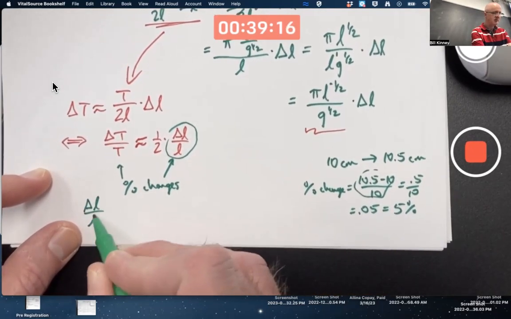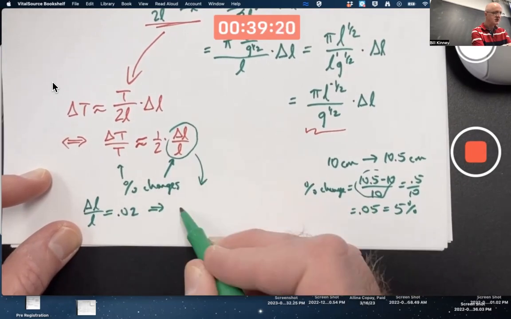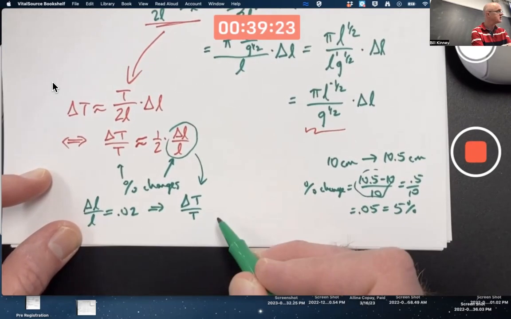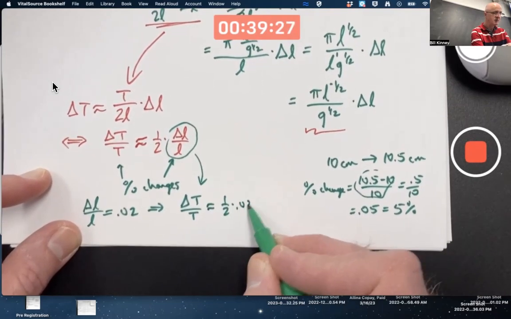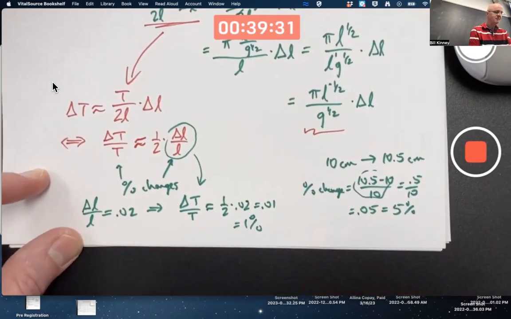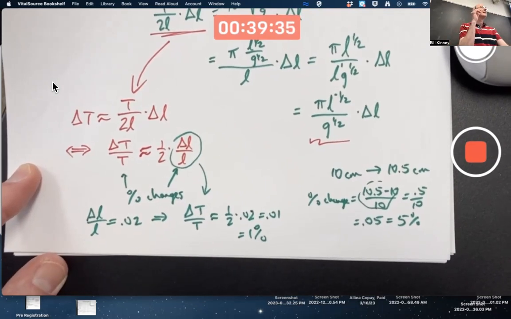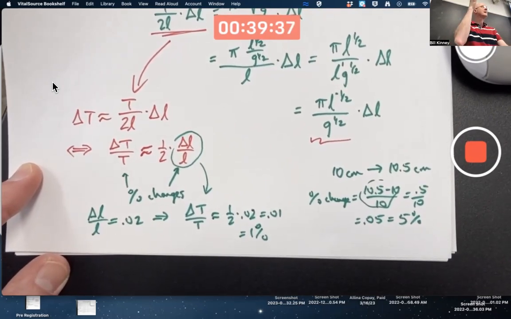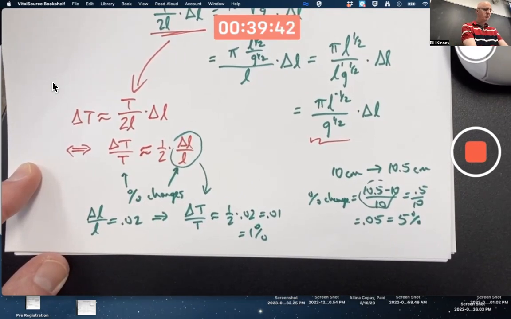Delta L over L being 0.02 means, according to this approximate equation, that delta T over T, the percent change in the period, is approximately 1/2 times 0.02, 0.01 or 1%. If the length of the rod gets longer by 2%, the period should increase by 1%. That's what this means.